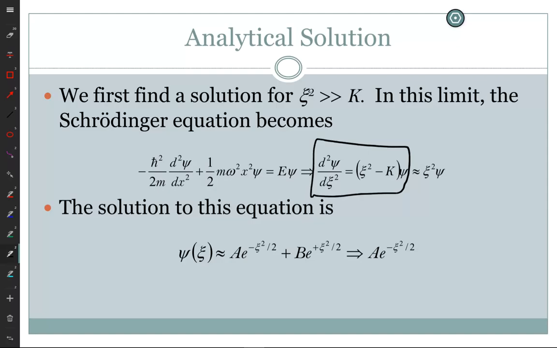Just like we talked about in physics today, when we had R much, much bigger than D, if c squared is much, much bigger than kappa, then c squared minus kappa we'll just treat as c squared. So I'm just going to have the second derivative of psi with respect to c equal to c squared psi.